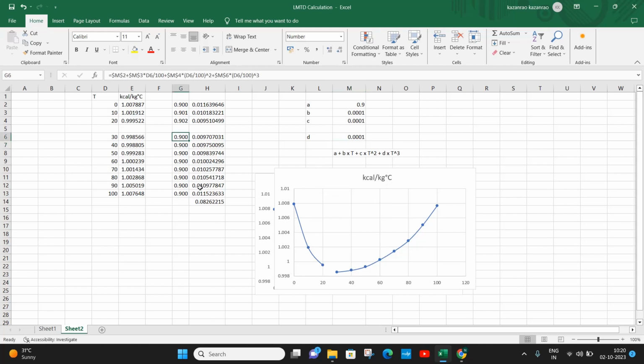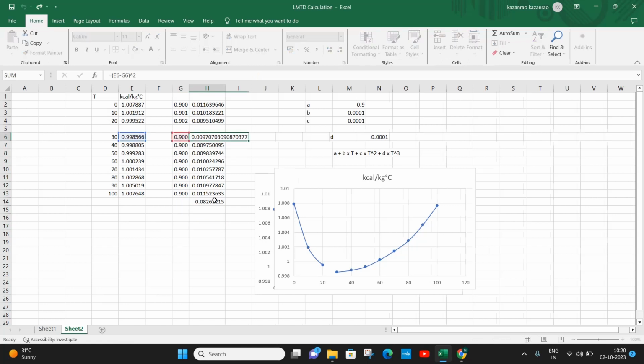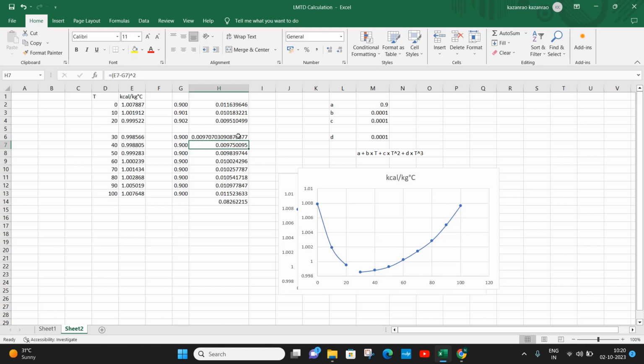Now these equation values are calculated here, and the difference between the actual table value and the equation values is here. What we have to do is make this converge to 0 by using the solver.